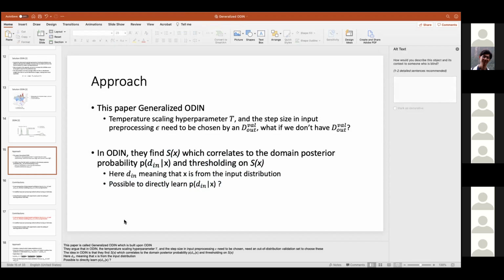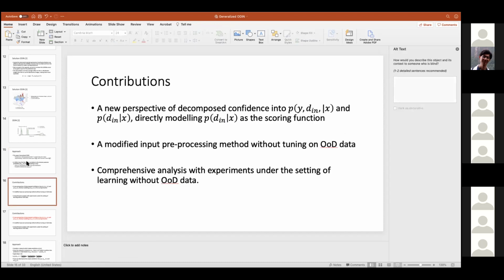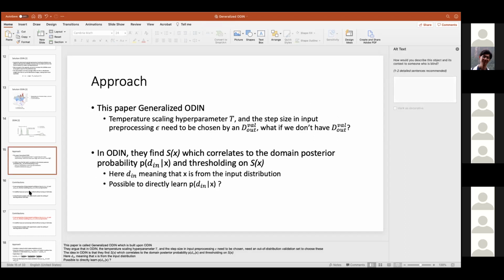Would you please specify more about the D value out? The D value out, yeah. This means the out-of-distribution validation data set. The capital D denotes a data set. Do you mean that they try to choose the parameters without any out-of-distribution data? Yeah, given the paper, they're saying that they do not need such a data set.